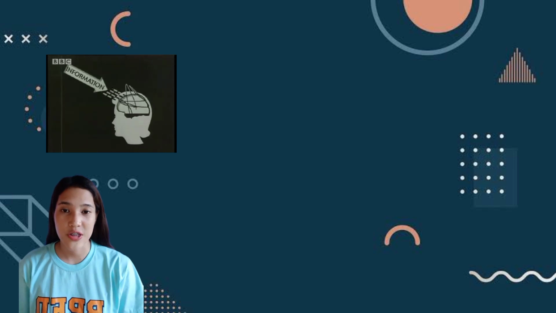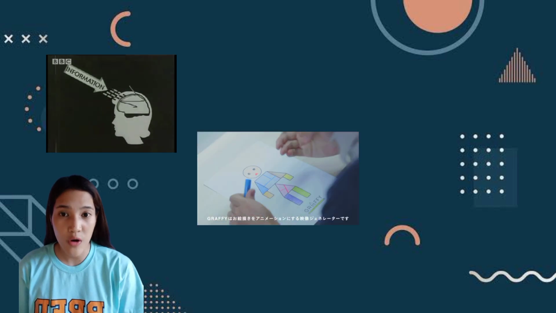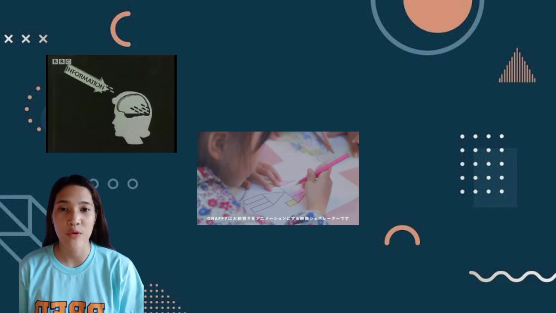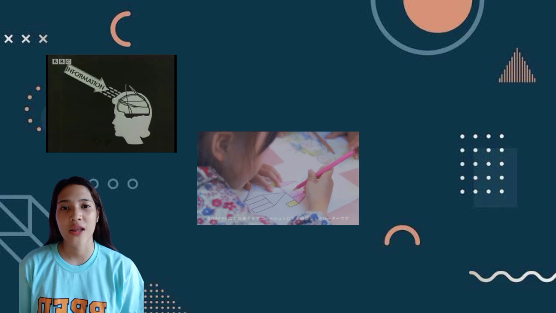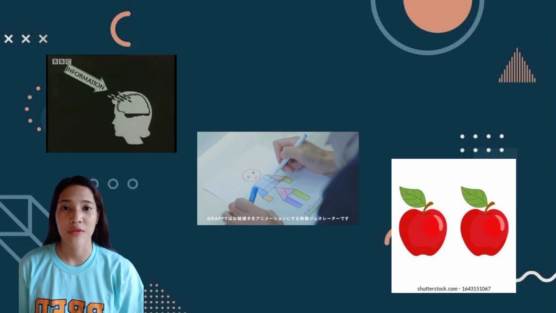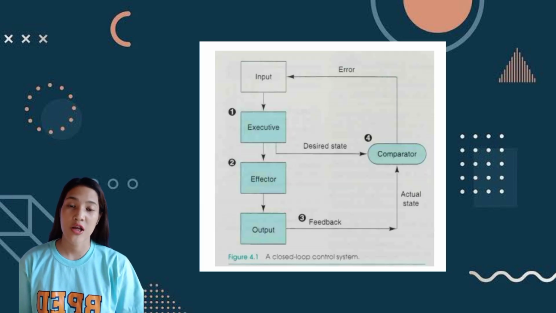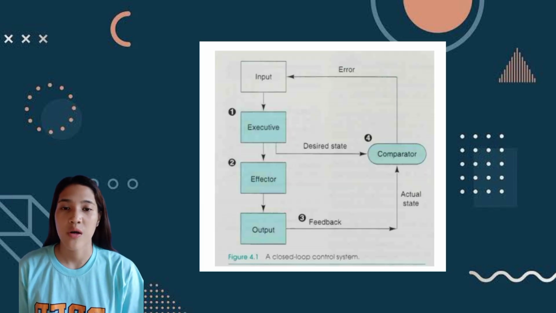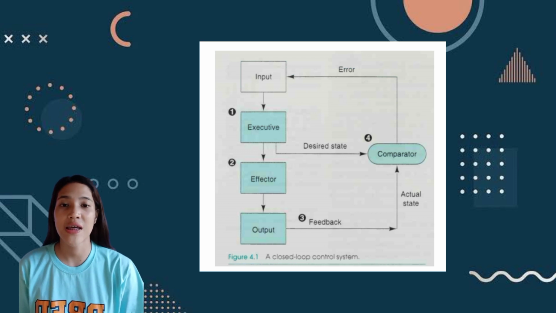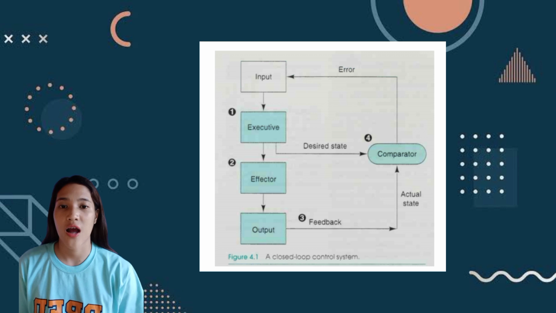Then, when the decision is made, magbibigay na siya ng signal sa effector para gawin ulit or itama yung pagko-color ng bata sa isang coloring book hanggang sa ma-achieve ng bata yung desired outcome niya. So, kapag na-sense ulit ng bata na may mali sa ginagawa niya, gagamit ulit siya ng 4 components ng closed loop control system para maitama yung mali hanggang sa ma-achieve niya ulit yung desired outcome niya.